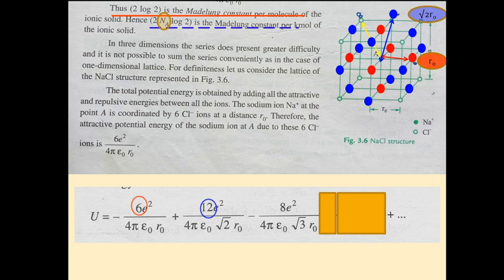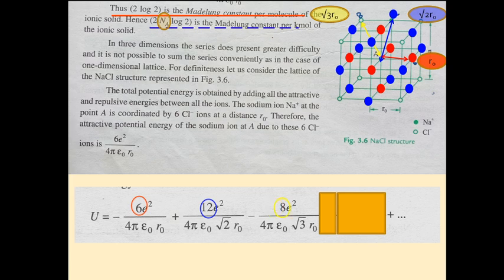Here it is shown in figure 3.6. I am showing with the yellow arrow, and that yellow arrow is basically a body diagonal. If I check the body diagonal length, it would be root 3 R0. Root 3 R0 is the body diagonal from one corner of your entire cube, and if I calculate such positions from A, then the top plane of position A as well as the bottom plane and their corners, so in all there would be 8.